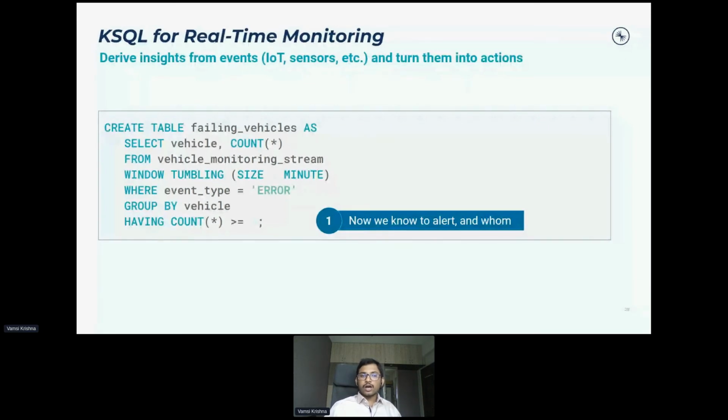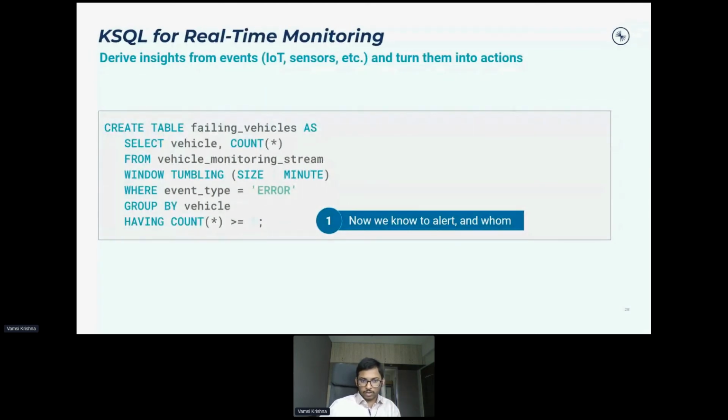So in this case, there is a vehicle monitoring stream that is actually coming in. We are collecting all that data in a stream, and then we are using a windowing technique to filter it on a per minute basis, and then seeing how many error messages are coming in. If the error count is more than 5, which means in a per minute interval there are 5 error messages coming in, it means something is going to be wrong.